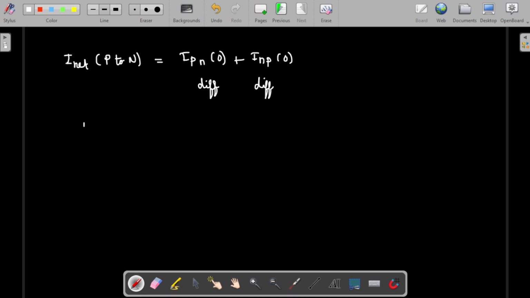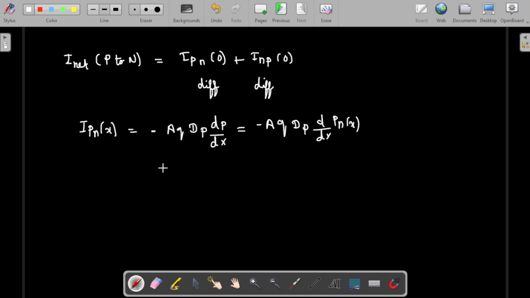If we take this, one can be represented as IP of n of x, which is equal to minus AQ Dp d by dx of Pn of x, taking the diffusion current equation formula.